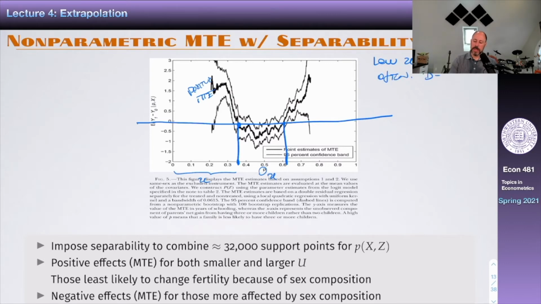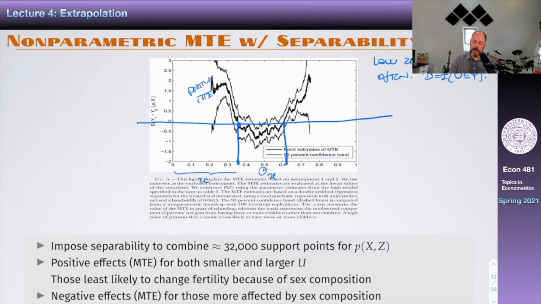Because remember that D is the indicator that U is less than or equal to P, right? So a low value of U means that this type of individuals over here choose D quite often. So in other words, they're not really much affected by the instrument. Okay, these are people that always decide to have more children, regardless of whether the first two were the same sex, different sex, or whatever. Okay.